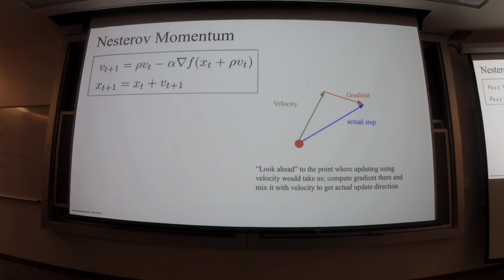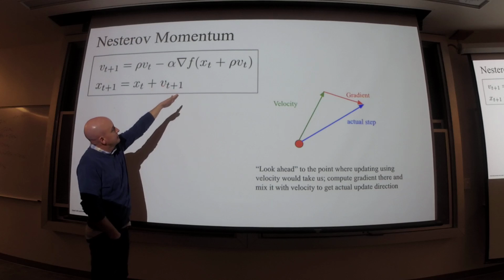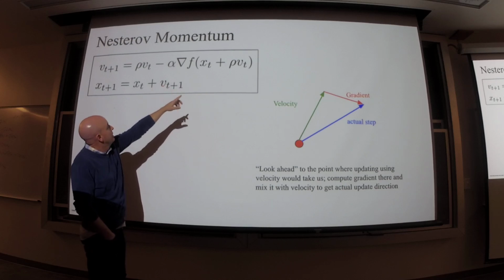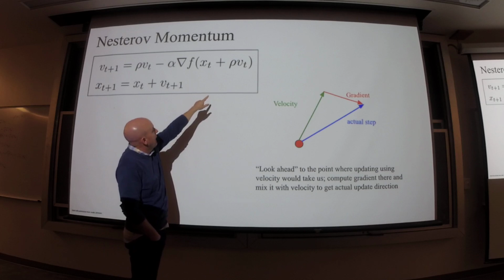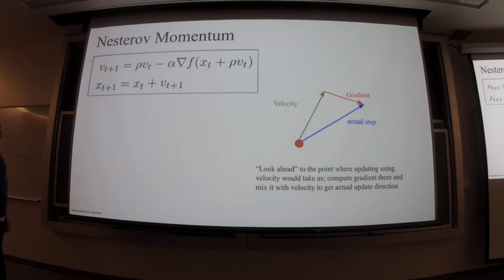So instead of the gradient being at your point x, like you normally would do, you take the gradient at x plus rho times the previous momentum. Yeah, this is used quite often as well, although probably not as much as just plain momentum.